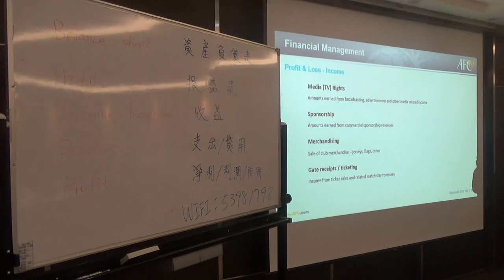So, speaking with the Red Lions Club, they have a sponsor that provides their shirts. So that's a form of, it's not income coming in, but it's not a cost out. So that's a form of sponsorship.